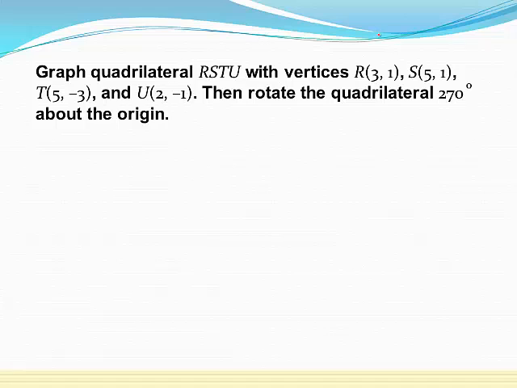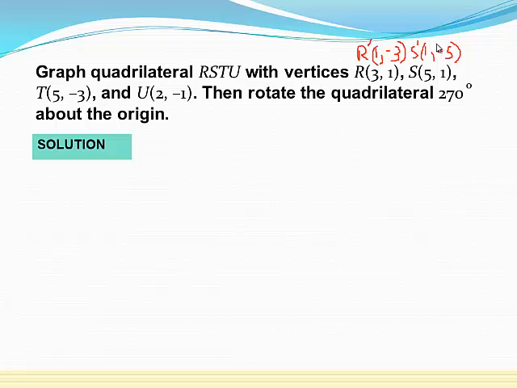So R prime would be (1, -3). Switch it and take the opposite of the second one. And then (1, -5) for S prime, and so on and so forth.